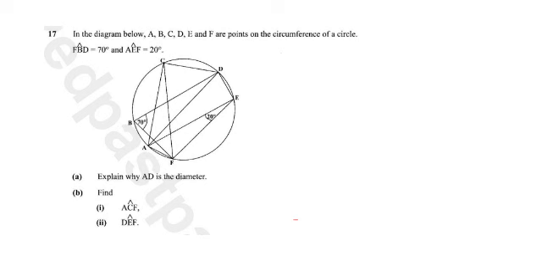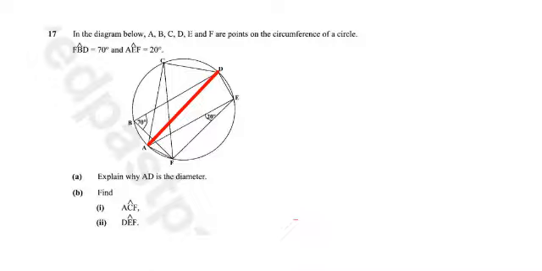Here you can just define what a diameter is, and then that becomes your answer. You can just say because the line AD cuts the circle into 2 equal parts. That's our answer.